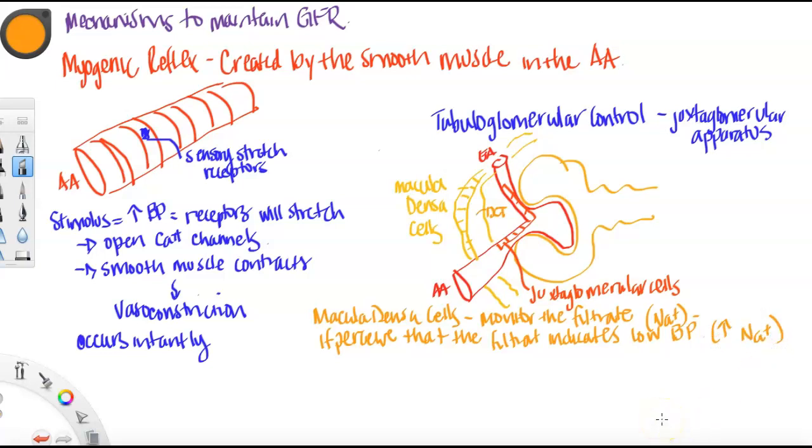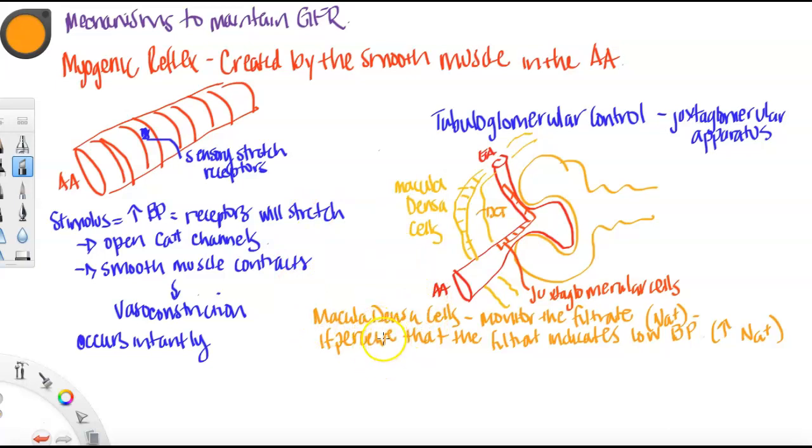Because again, it's easy to confuse talking about the filtrate and talking about the blood. So if sodium is high in the filtrate, that means it's leaving the blood. And as it's leaving the blood, water goes with it, or fluid follows it. Just by osmosis, water follows it. So that means blood volume is going to decrease. If blood volume is down, blood pressure is down.